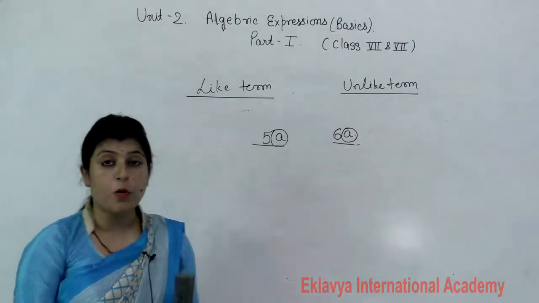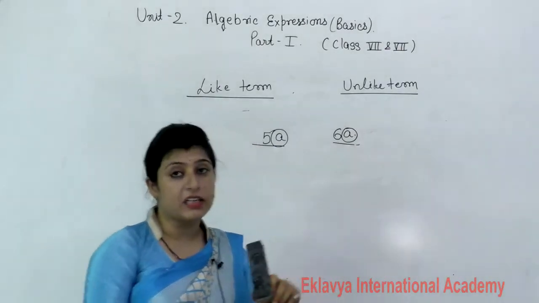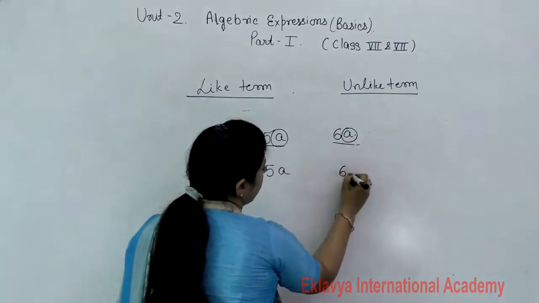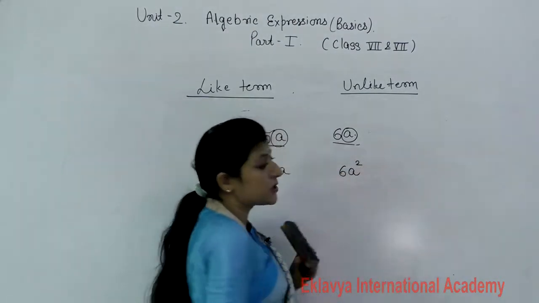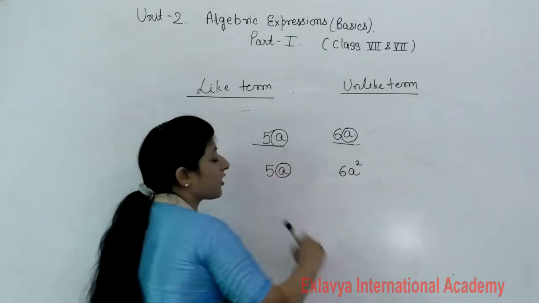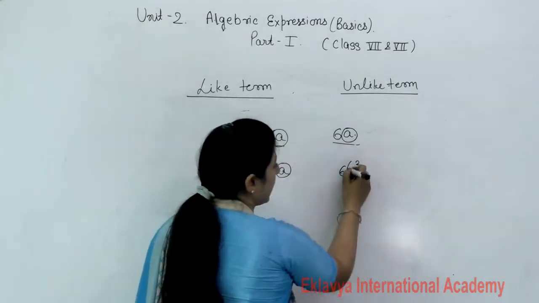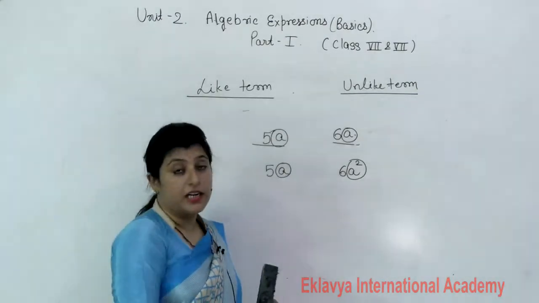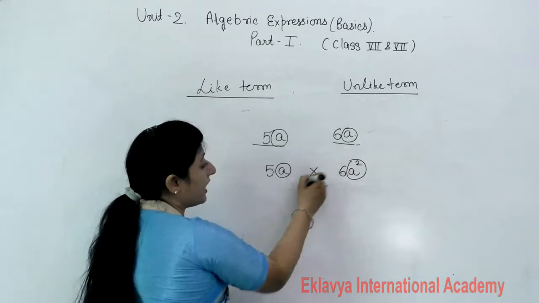It means both are like terms. But if I write down one as 5a and the second as 6a square, then one has literal coefficient a, but the other has literal coefficient a square. It means they are unlike terms.